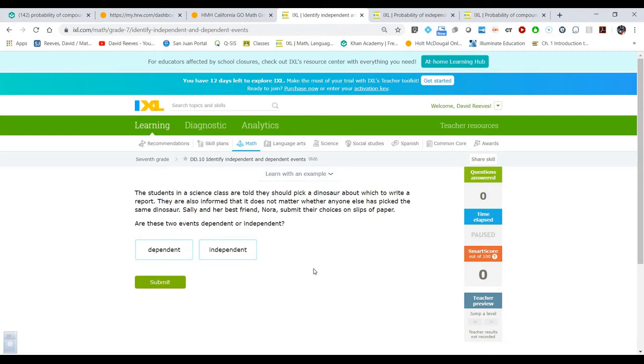So a common example for independence would be spinning a spinner. When you spin a spinner the first time, you can get a result, and when you spin the spinner the second time, what happened the first time does not affect what happened the second time. But an example of a dependent event would be like pulling a marble out of a bag of marbles.